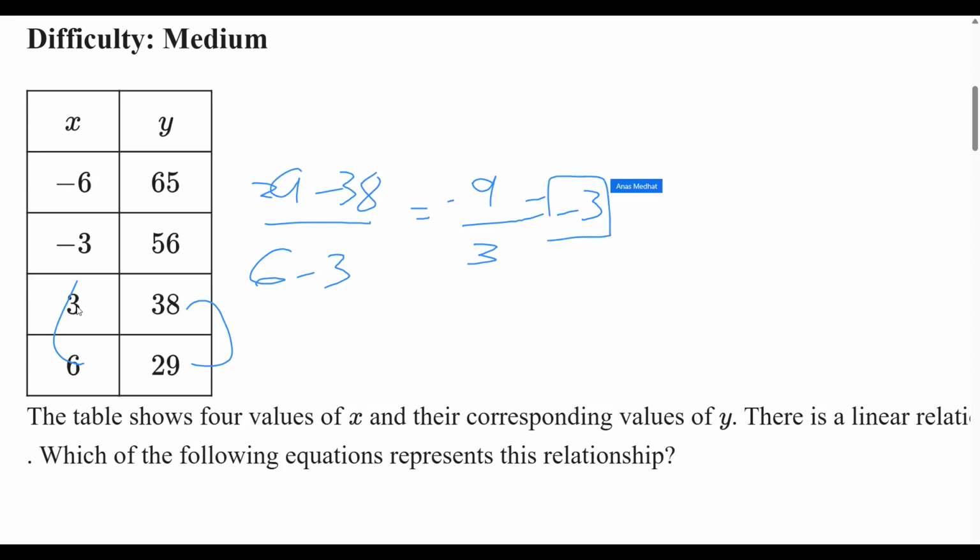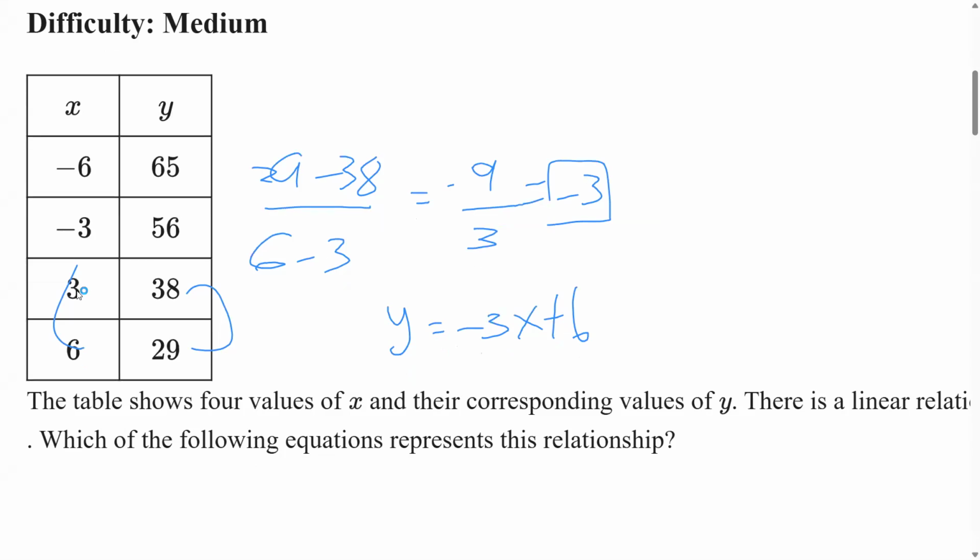This is the slope, so y is equal to negative 3x plus b. Now we substitute x and y. That gives you 56 equals negative 3 times negative 3 plus b. This will be 9. We'll shift it to the other side.